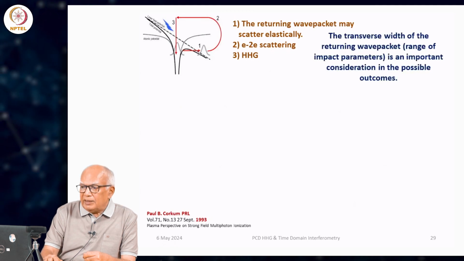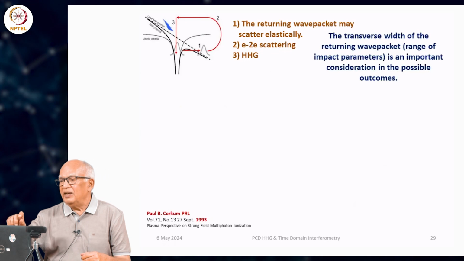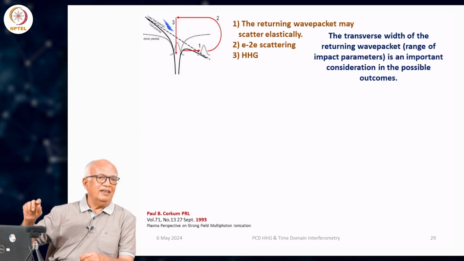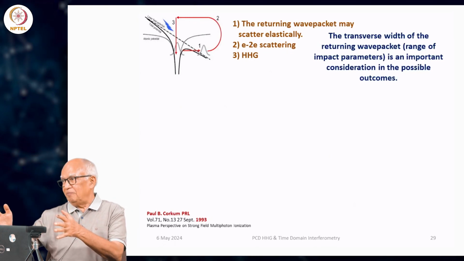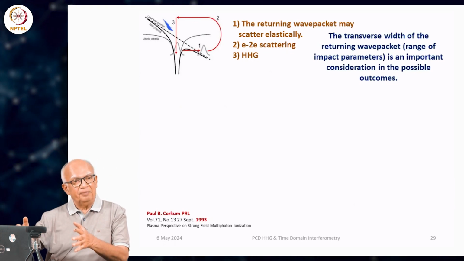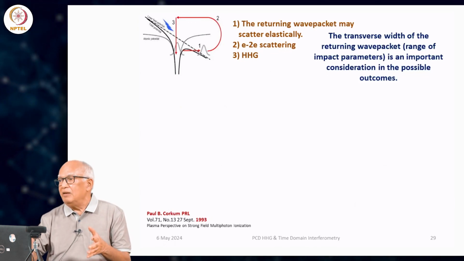Now what happens is that the electron, we must remember, is not quite a classical particle, it is actually a wave packet. Okay, this is quantum mechanics, and we have to respect that. I mean, the classical model explains many things, but not everything.